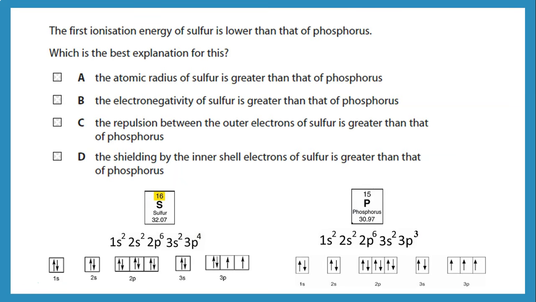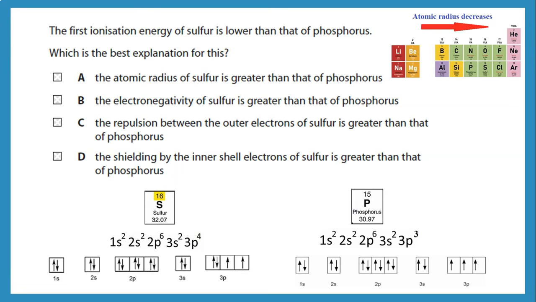So he's saying the sulfur is lower because the atomic radius of sulfur is greater than phosphorus. Well, let's take a look. Where is sulfur and where is phosphorus? We said as we go from left to right in the periodic table, the atomic radius does what?